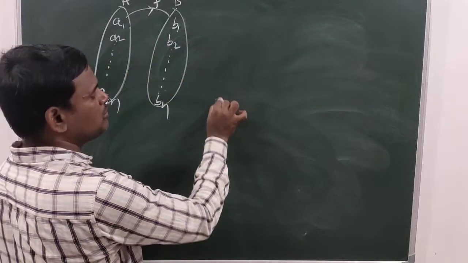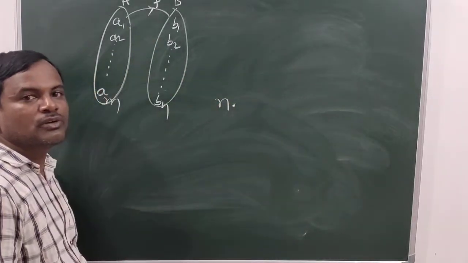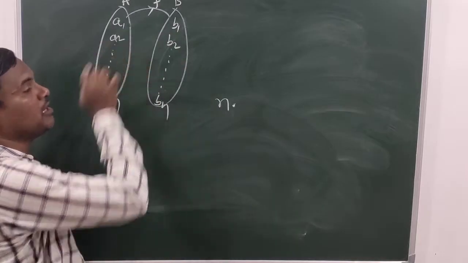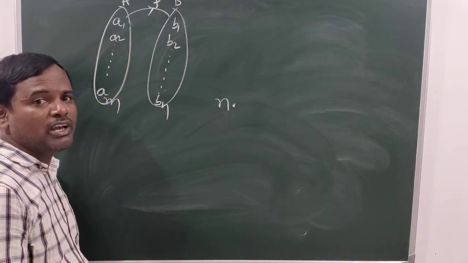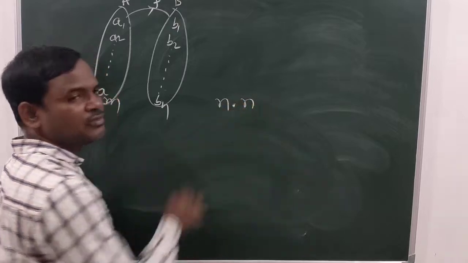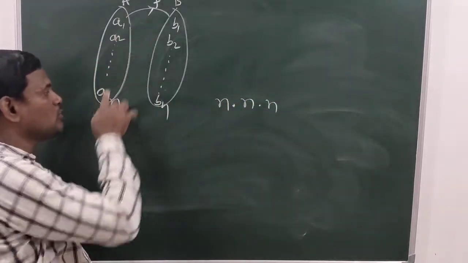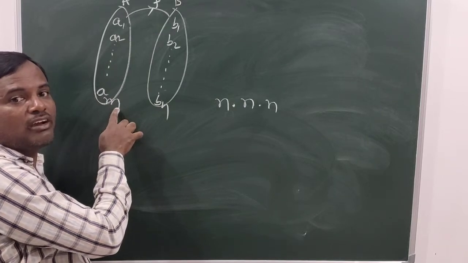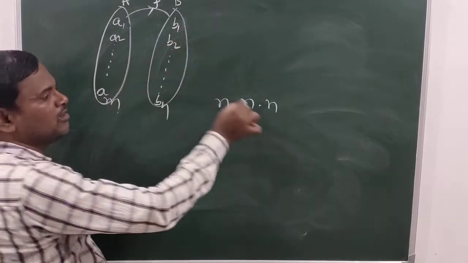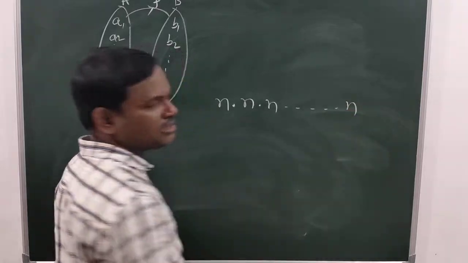A1 has n chances to get an image from set B. And come to A2. A2 also will have n chances. And go to the next element, A3 will have n chances. And so on. The mth element will also have n chances.